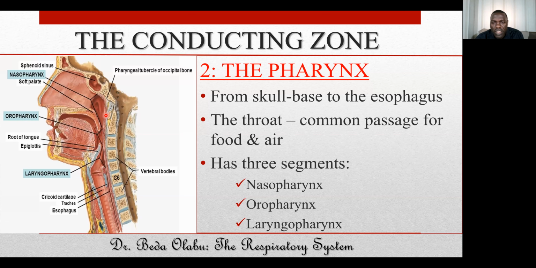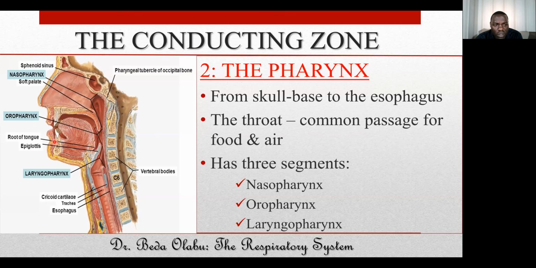Now that we've mentioned that the throat is a common passage for both food and air, it is important for you to note that air will pass this way. If you are breathing normally from the nasal cavity, air will go to the nasopharynx, then to the oropharynx, then to the laryngopharynx, then to the trachea, in that direction. So nasal cavity, pharynx, larynx, trachea.